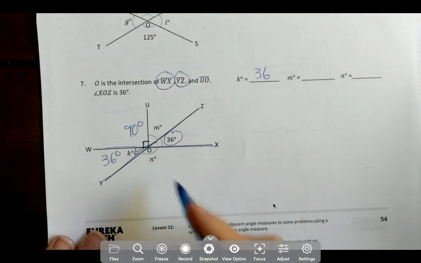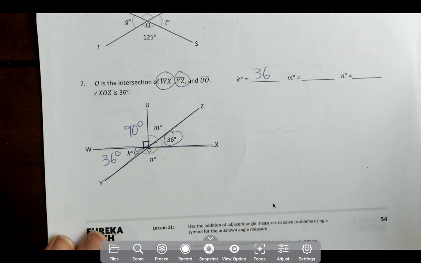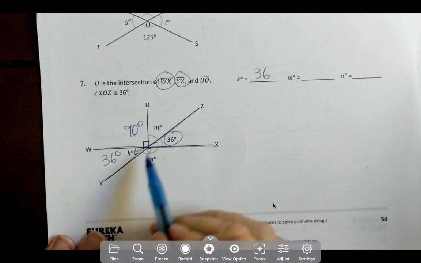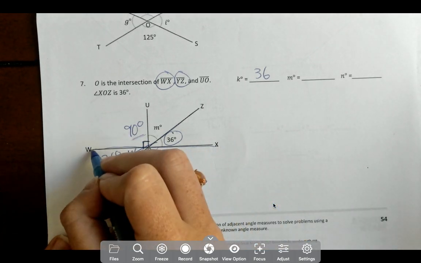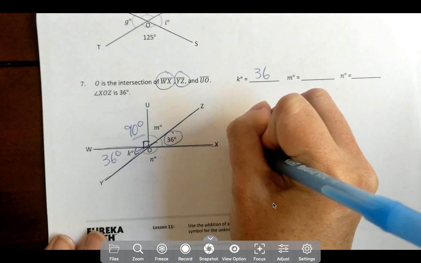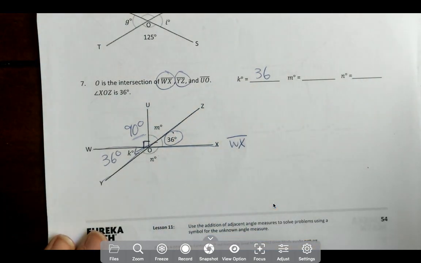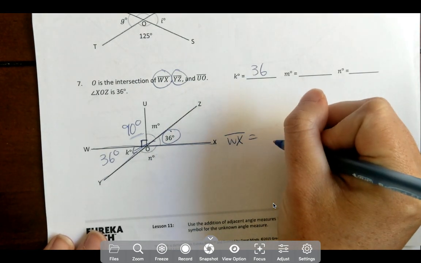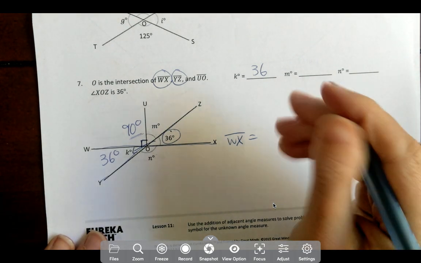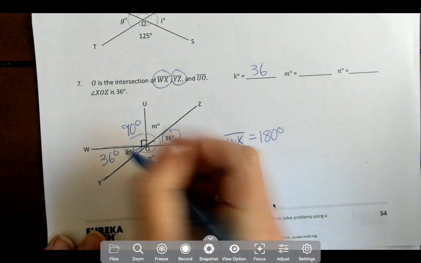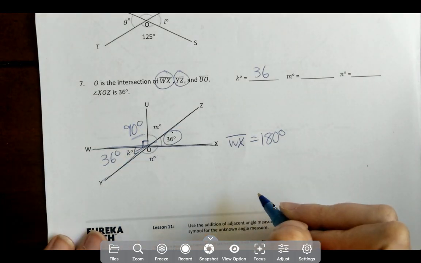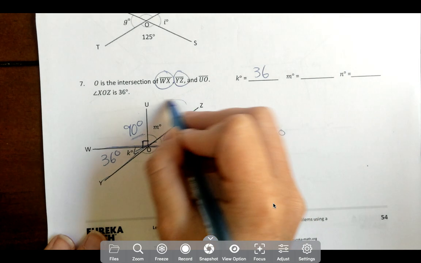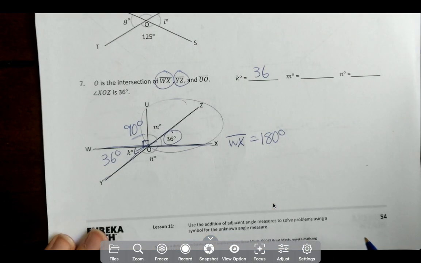Now, before I find out N or M, if this is 90 degrees, and I know that the line WX, how many degrees is a straight angle? 180. So I know that this is 180. This angle is 90. So what does this have to be? That has to also be 90.